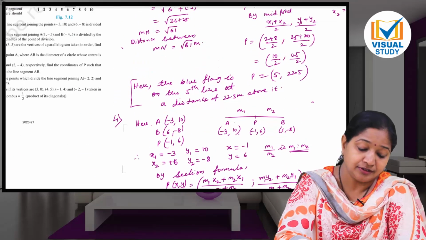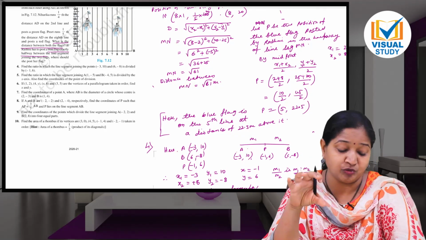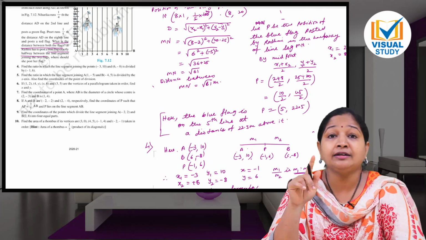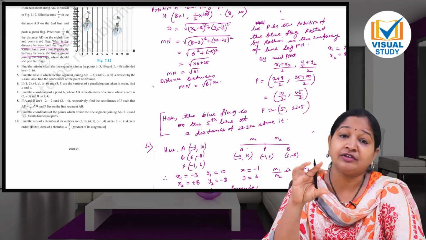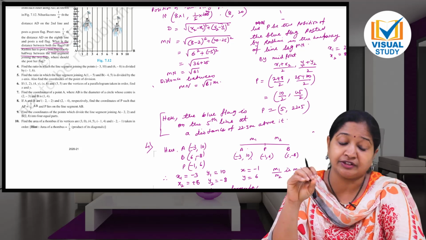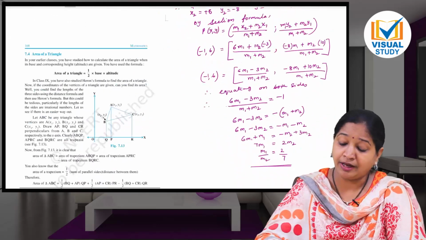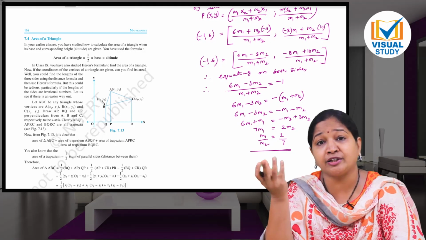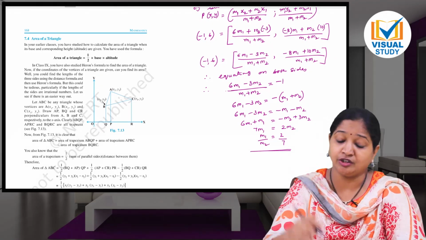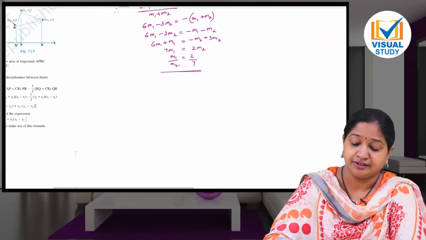But here we don't only have to find the ratio of m1 and m2, we also have to verify whether it satisfies the y coordinate. Because if we confirm that m1 and m2 is 2:7, then we have to substitute it in the y coordinate and see whether the answer comes to 6. So I'll verify it.